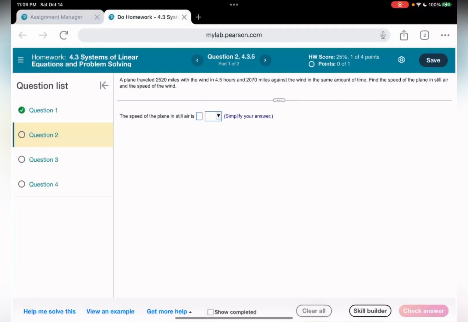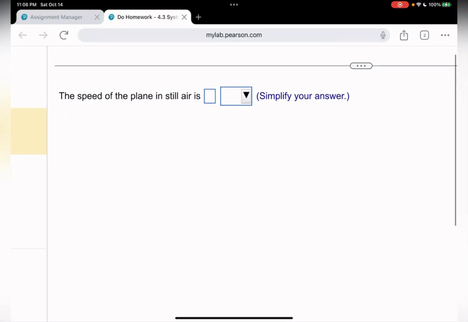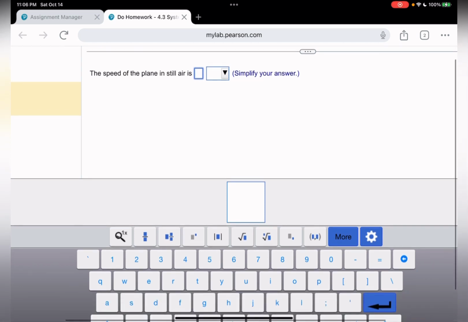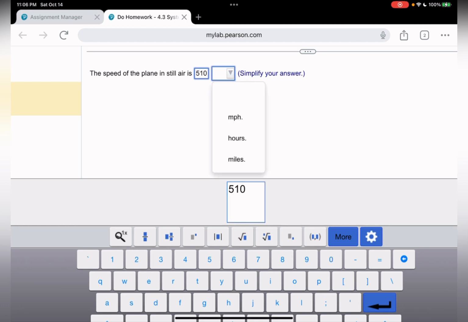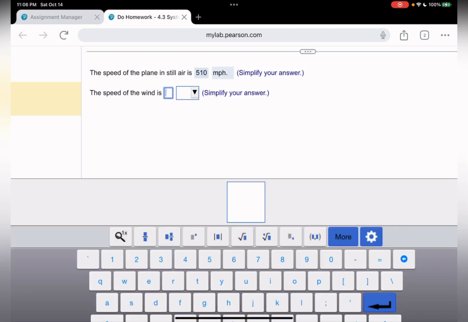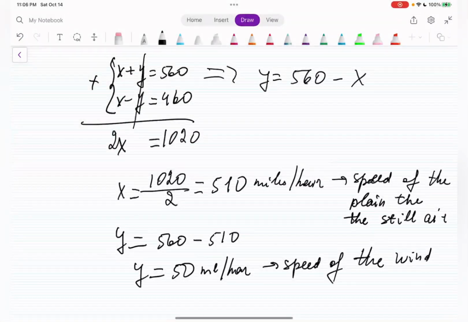Let's see which one is going to ask first. The speed of the plane is 510 miles per hour, this one. Okay. And the second one is going to be, how much was it? 50.